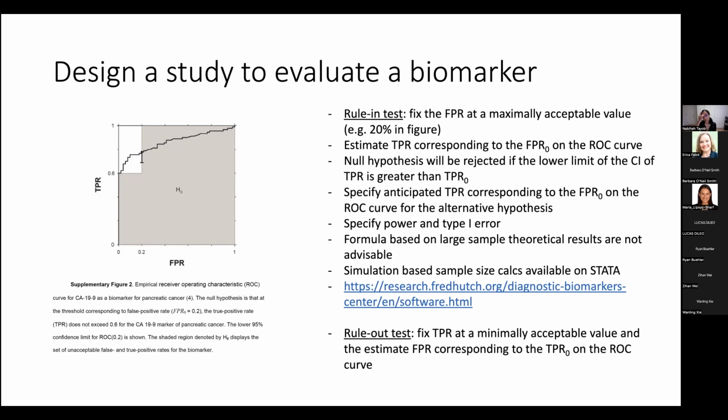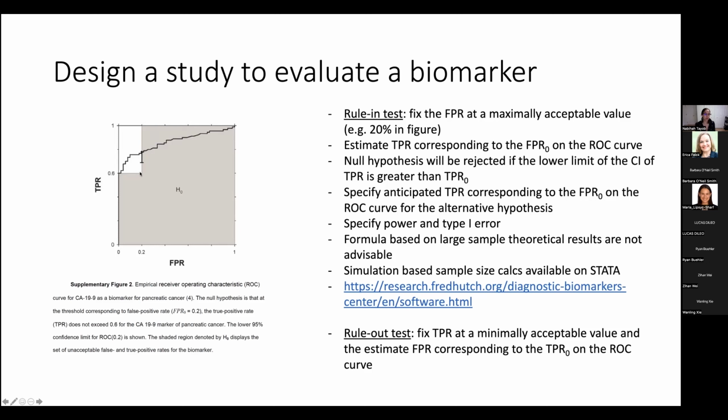For example, when you're doing a rule-in test and we want to control our false positive rate, the way I design these studies is I fix the false positive rate at its maximally acceptable value. And then I base the design on being able to detect a true positive rate that is clinically useful, that is significantly better than some minimal true positive rate.